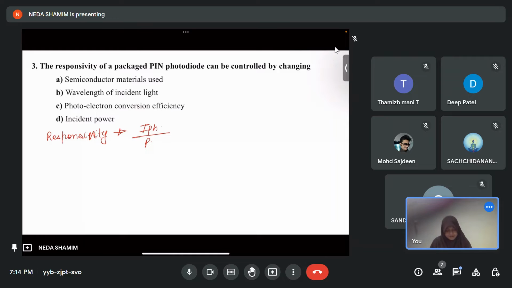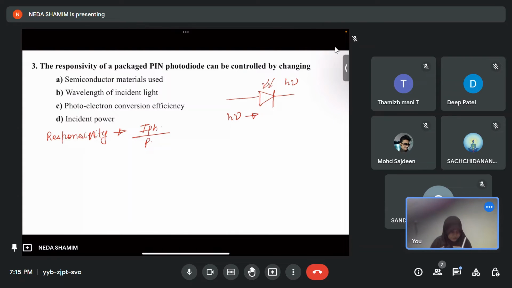See, if you have a photodiode over here and light is incident on it, say only one photon of energy h nu is incident on it. Let's say this h nu will generate one pair of carriers.